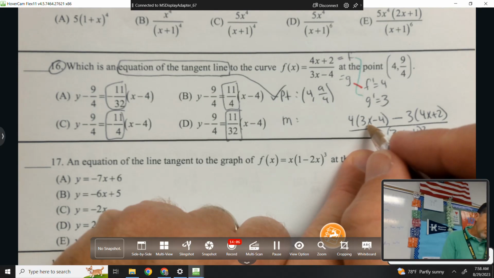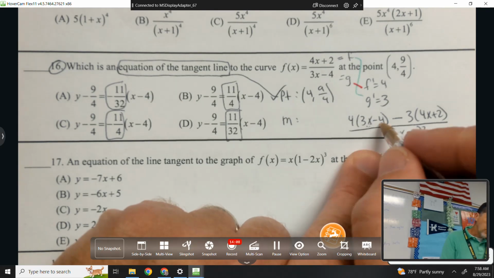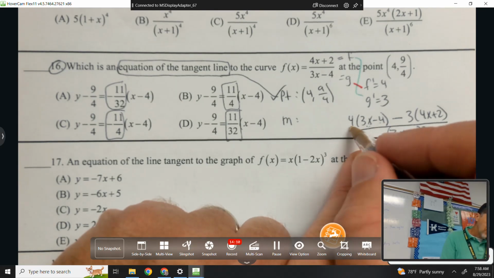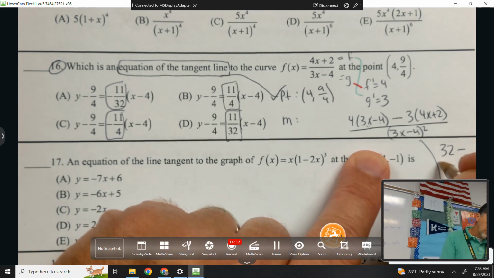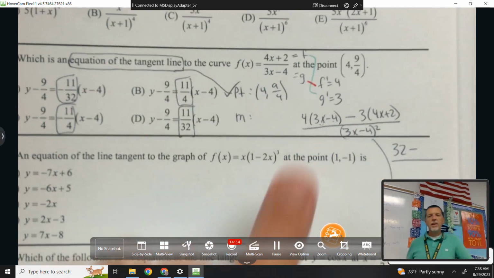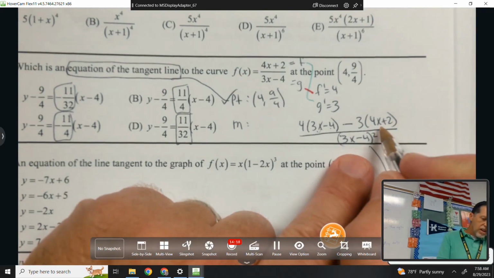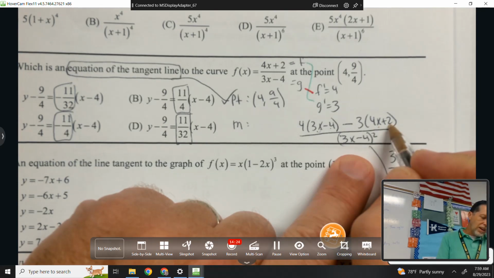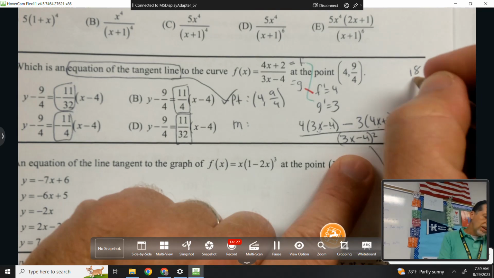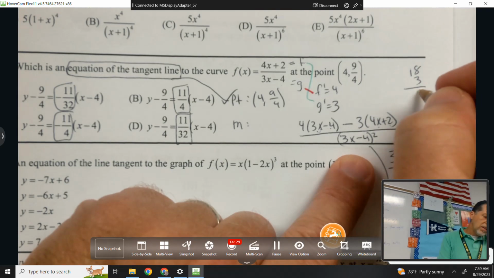3 times 4 is 12. 12 minus 4 is 8. 4 times 8 is 32. All right, I skip steps, but not too many steps. I can't remember everything. 4 times 4 is 16, plus 2 is 18. 3 times 18 is 54.